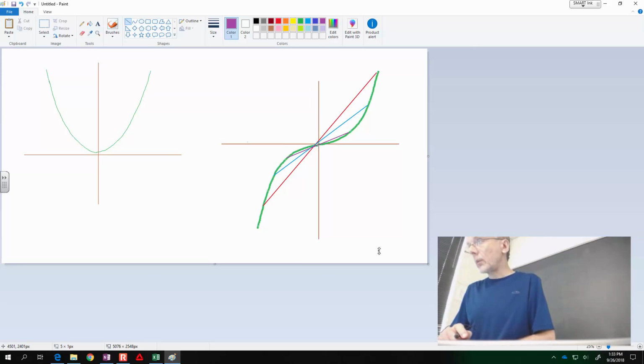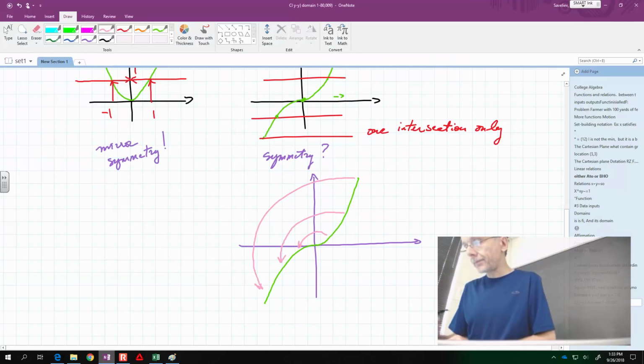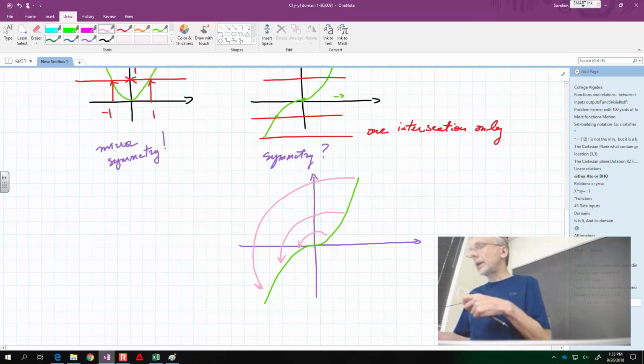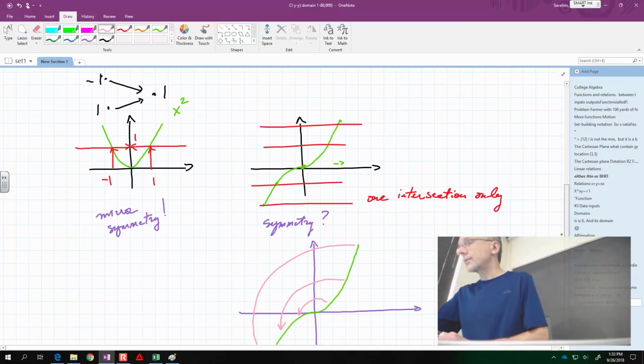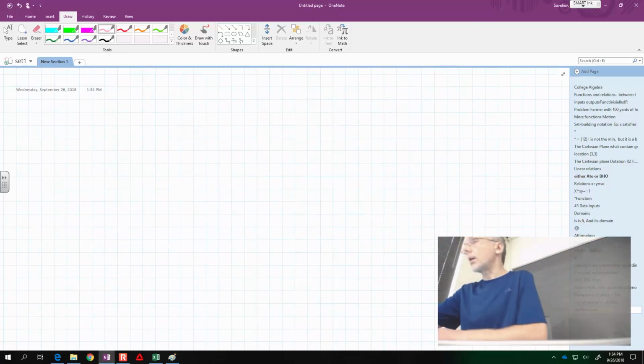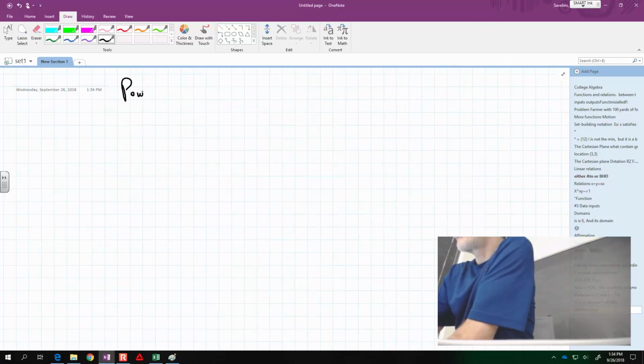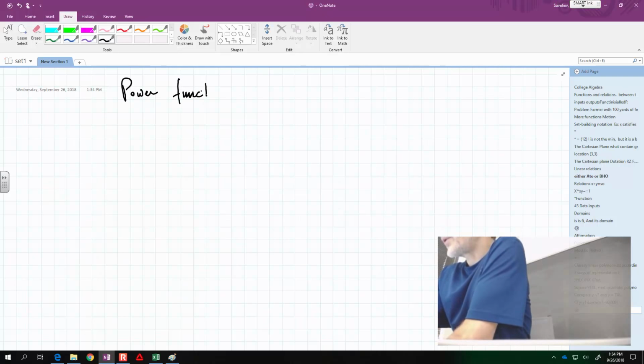We'll talk more about symmetries later. This time we'll take a broader look at the power functions.